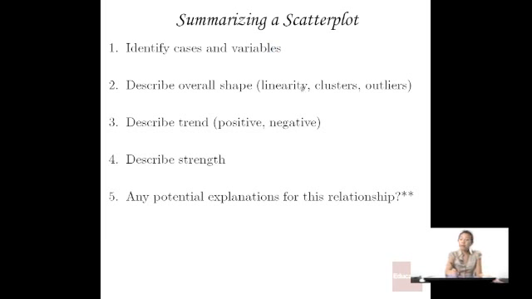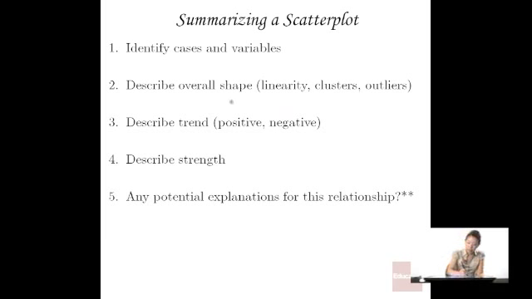Then you want to describe the overall shape. Talk about the linearity. If there are any clusters, you want to identify those. If there are any real outliers, you want to be able to identify those as well. Then you want to describe the trend, or you could think of this as the positive or negative association. So is it slanting to the positive side or slanting to the negative side, right?